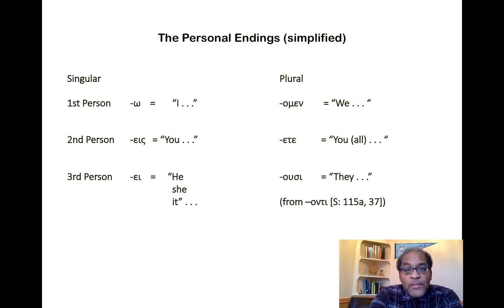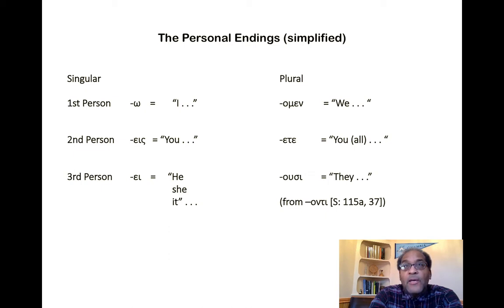The third person singular, he, she, it, by epsilon, iota. And in the plural, we, the first person, omen; you all, ete; and they, ousi, from anti.